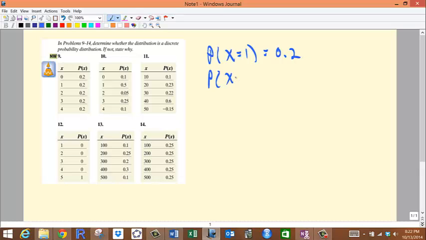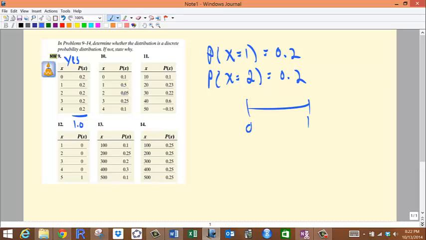The probability x takes on the value of 2 is also equal to 20%, so on and so forth. So criteria 1 says the sum of these probabilities must be 1. So yes, and then all the probabilities are between 0 and 1, decimal numbers between 0 and 1. So yes, this is a probability distribution.